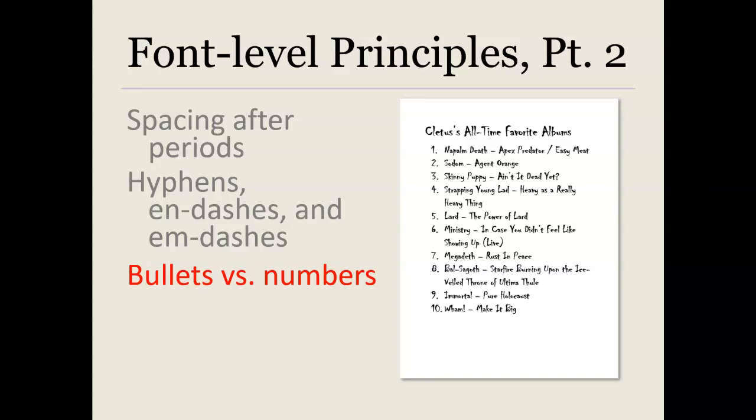But if this is just a list of his all-time favorite albums, the top 10, and they can shift around, they're just members of the top 10, then we would make it a bulleted list. So in this case, we can interpret that because it is a numbered list, the number 2, Sodom, Agent Orange, must be his second favorite. So you can see that there is actually a big difference between bulleted lists and numbered lists.